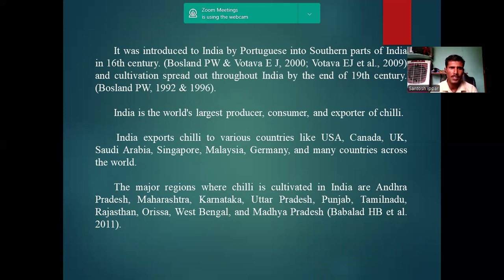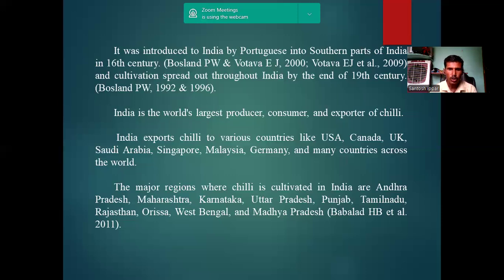India is the world's largest producer, consumer, and exporter of chili. The chili crop is also cultivated in developed countries, for example the USA, Canada, UK, Saudi Arabia, Singapore, Malaysia, Germany, and many other countries across the world.